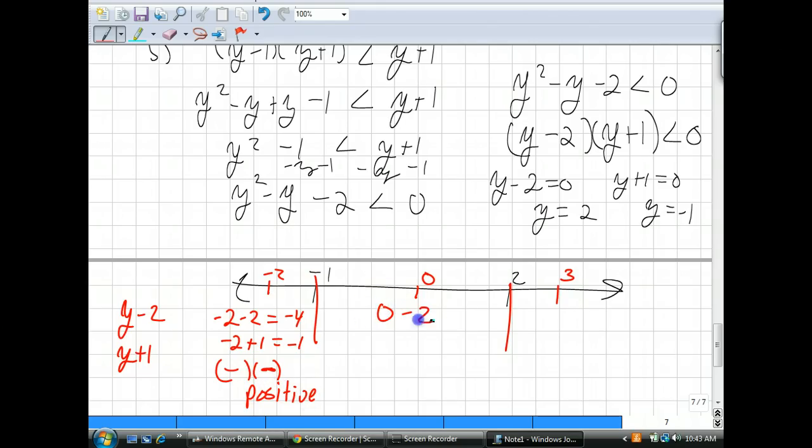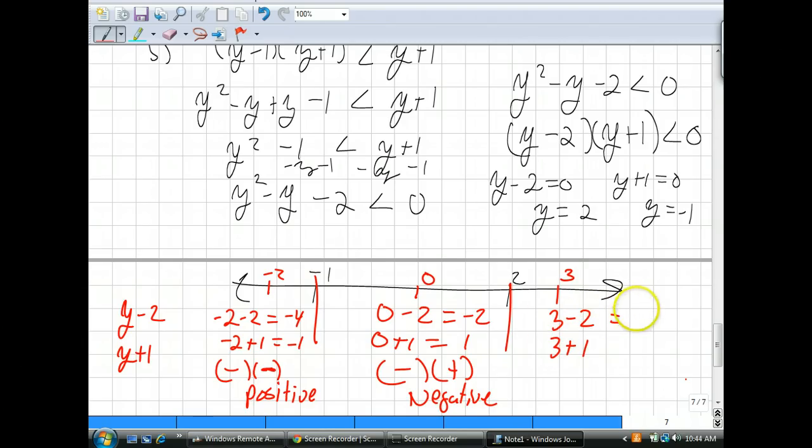I have 0 minus 2 and 0 plus 1. So I have a negative times a positive, which is going to be a negative. And then I have 3 minus 2 and 3 plus 1. So that's going to be a 1 and a 4. So that's a positive times a positive, which is going to be a positive.